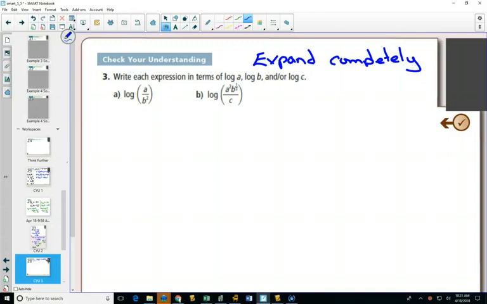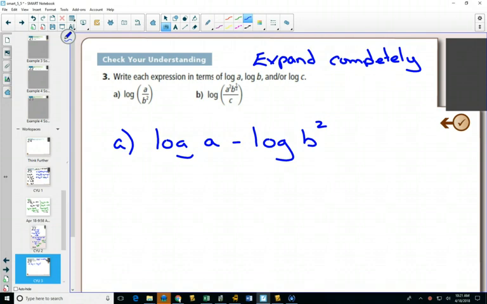Well, we have our second log law, which says when we divide inside of a logarithm, we subtract. So step one, we subtract first. And then step two, because this isn't expanded completely yet because we still have an exponent there, we can bring that exponent out in front.